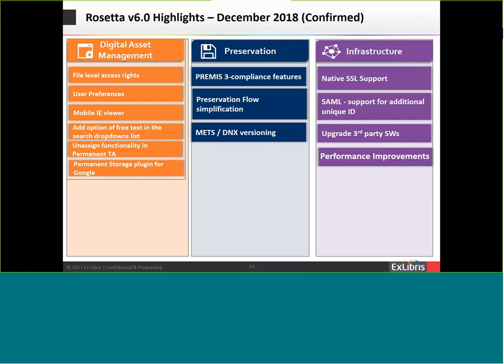We're going to start adding features in the user preferences area, also to make the system much more friendly and personalized. We're going to have a nice, attractive mobile IE view, which we already have, but it's going to be much more responsive. And we're going to have a storage plugin for Google Cloud in addition to the Amazon S3 storage, to expand the variety of storage options.